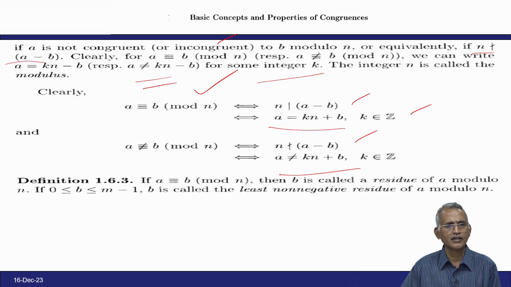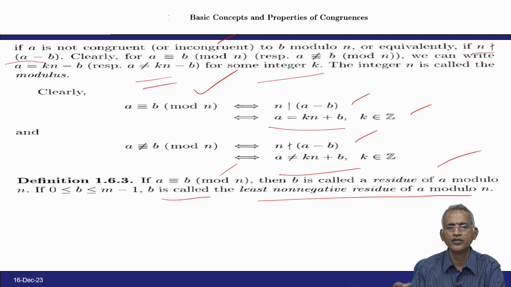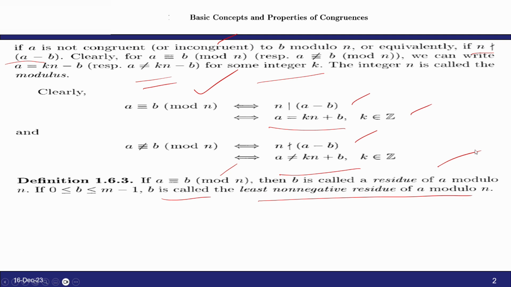Next definition: if a is identically equal to b under modulo n, then b is called the residue of a under modulo n, and if b lies between 0 and n minus 1, then b is called the least non-negative residue of a modulo n. So, this way we can express congruences of one number in terms of another number, and keep it in mind so that we can discuss further definitions and problems.